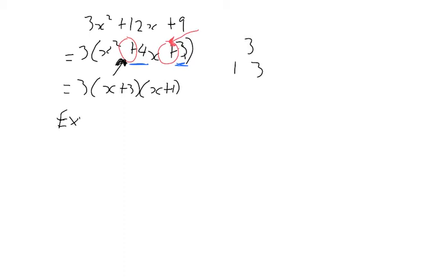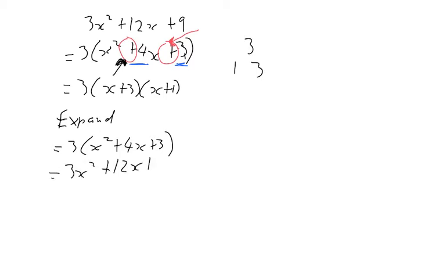That equals 3x squared, plus x plus 3x is plus 4x, plus 3. Then times it by 3, we get 3x squared plus 12x plus 9. Expanded, we got what we started with, so it's correct.